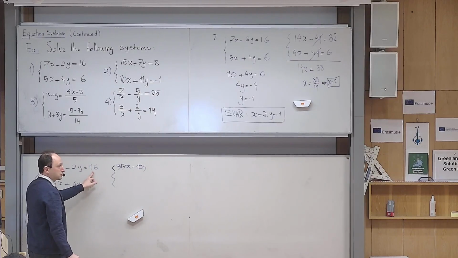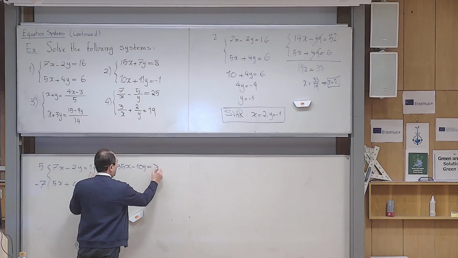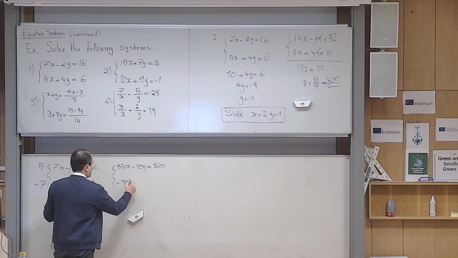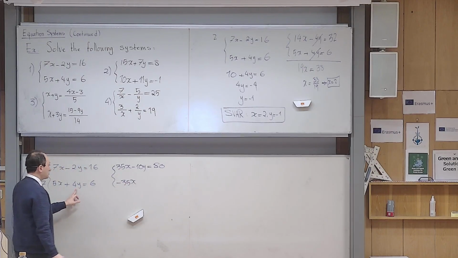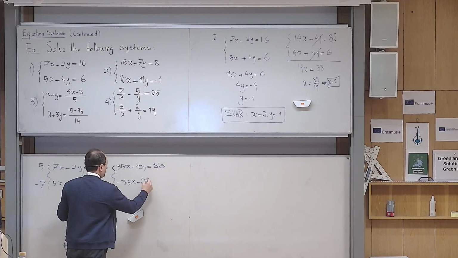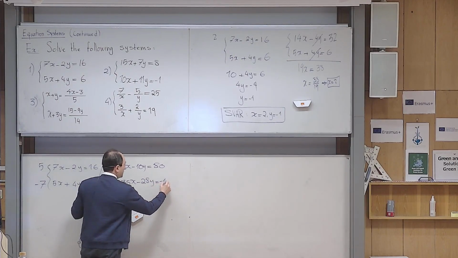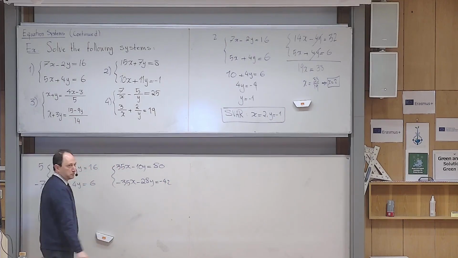But if you manage to do that, that's also okay. 5 times 16 is 80, yes? And then if I multiply minus 7 here, it becomes minus 35x. It becomes minus 28y. And minus 7 times 6 is minus 42.